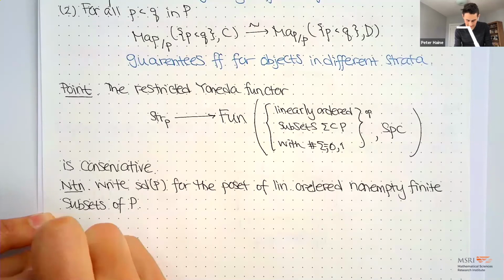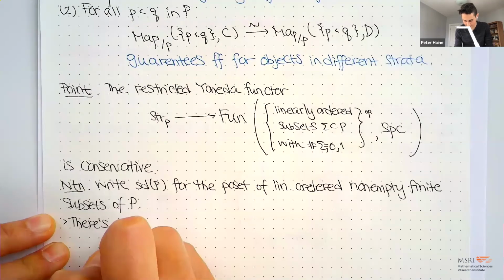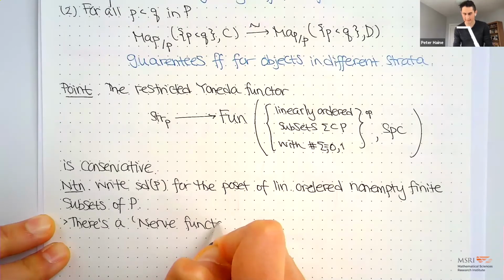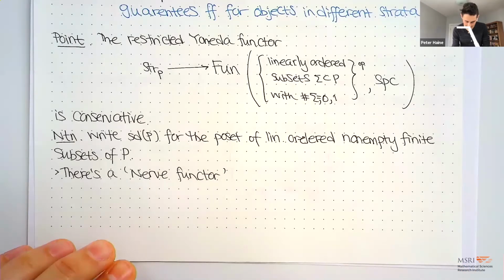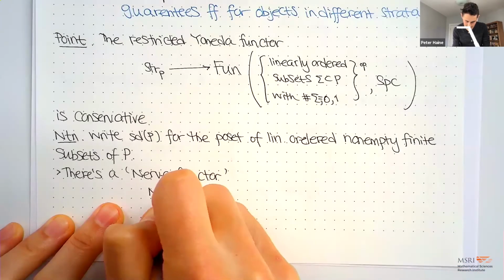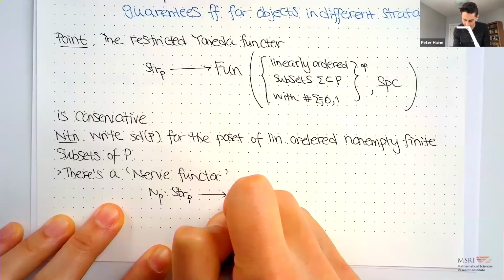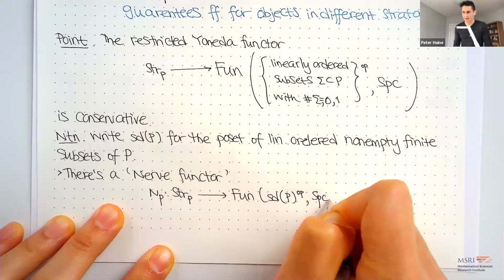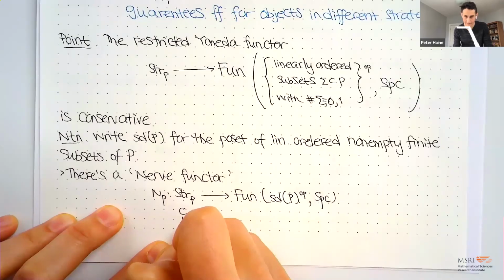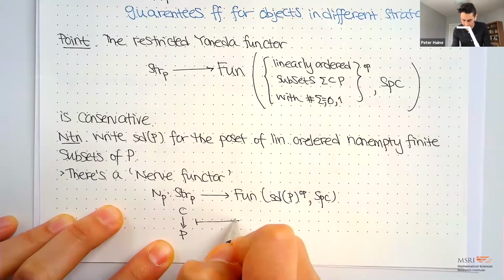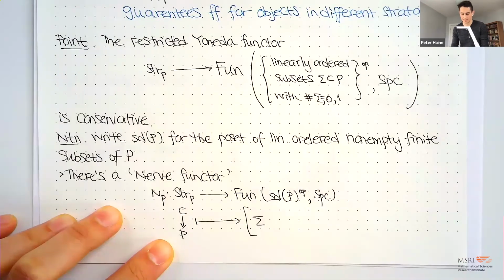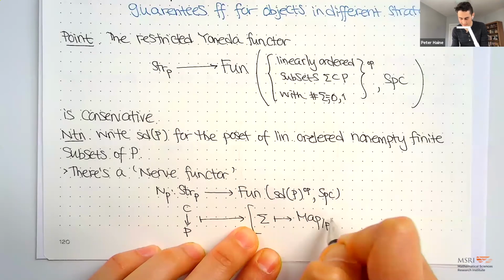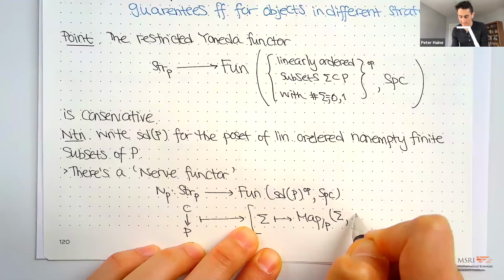And note there's a nerve functor, it's just this restricted Yoneda thing from here to presheaves on the subdivision of P, sending C over P to the functor that sends a linearly ordered finite subset sigma to maps over P from sigma to C. So it's sections over sigma.